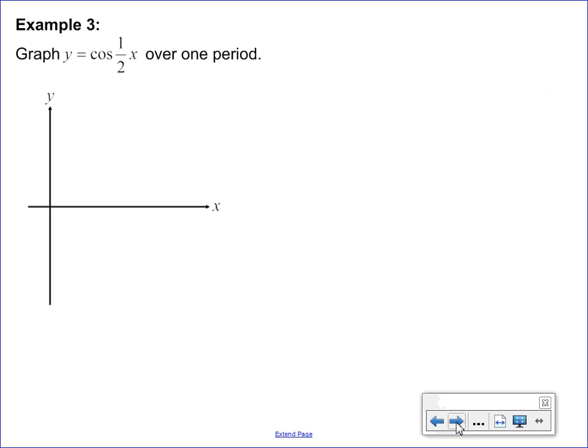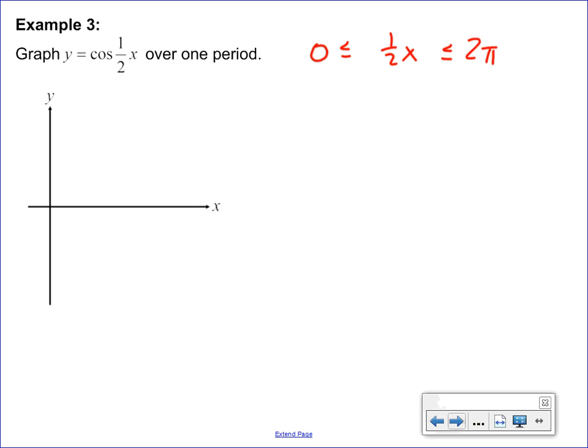Here we go. Cosine of a half x. Cosine goes from 0 to 2 pi, right? So to figure out the half part, we need to isolate the x. So how do we get the x by itself?